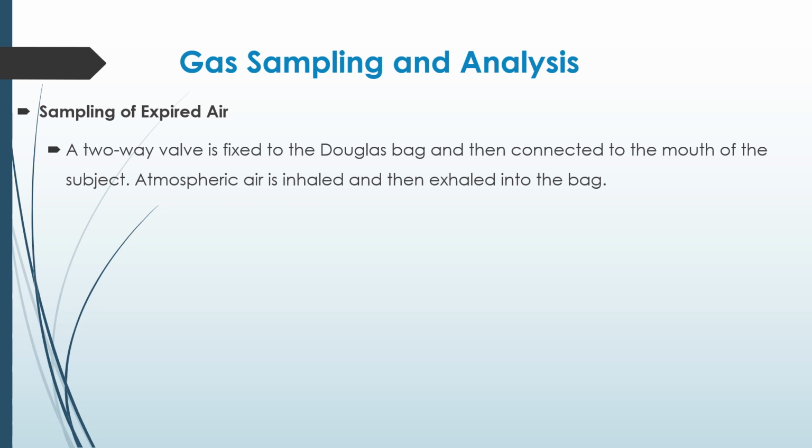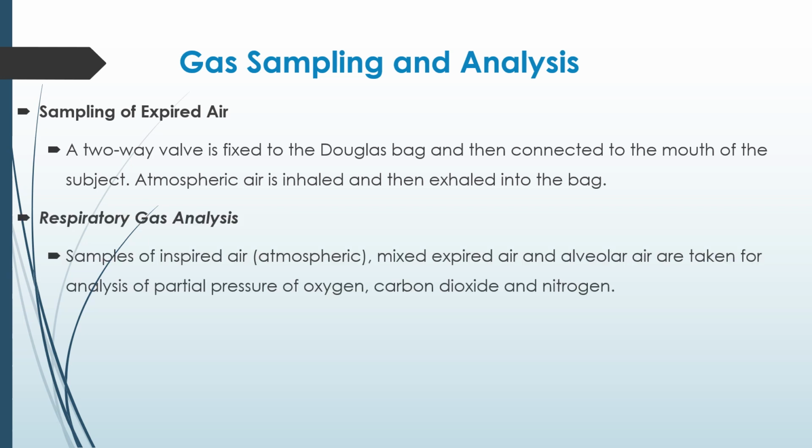The atmospheric air is inhaled and then exhaled into the bag. For respiratory gas analysis, samples of inspired air, mixed expired air, and the alveolar air collected by the Haldane-Priestley method are taken for analysis of partial pressure of oxygen, carbon dioxide, and nitrogen also. There are gas analyzers available to give the exact partial pressure of different gases.